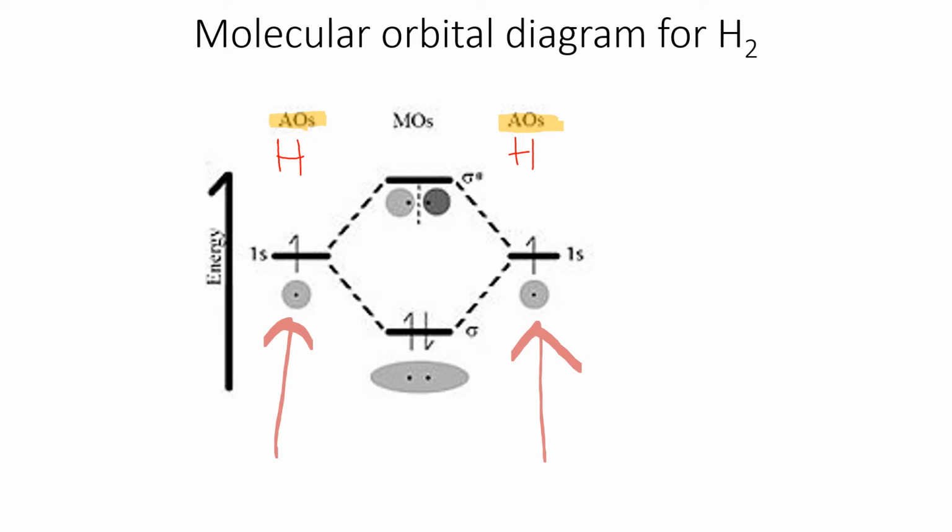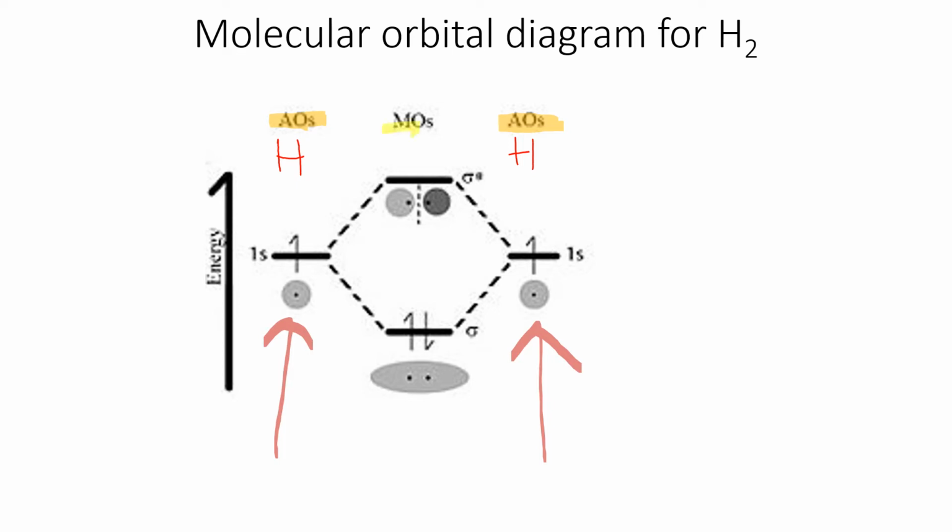Now we try to combine those atomic orbitals. What's this going to look like when those electrons interfere with each other? There are two ways that they can interfere, as we saw. They can interfere constructively or destructively, and both options exist. So there are two new molecular orbitals.